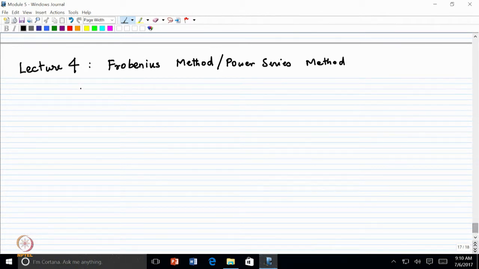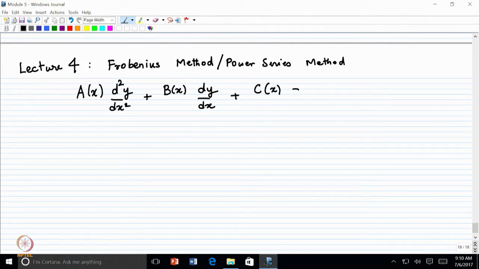So, let us get back to our equation, a of x d square y by dx square plus b of x dy by dx plus c of x y equal to 0. The basic idea of the power series method is that you substitute.